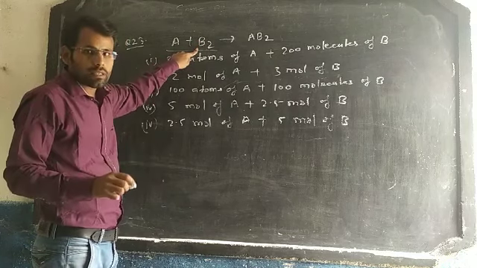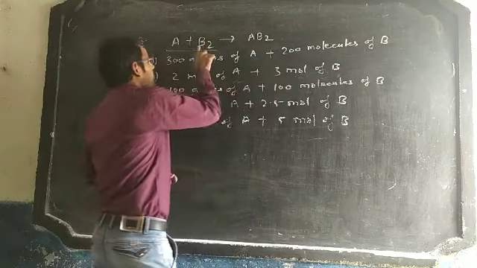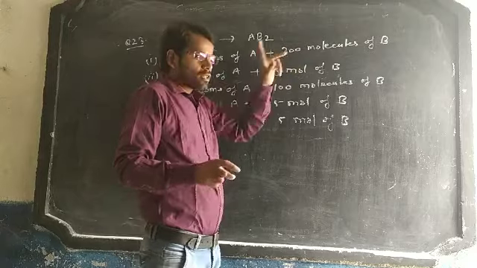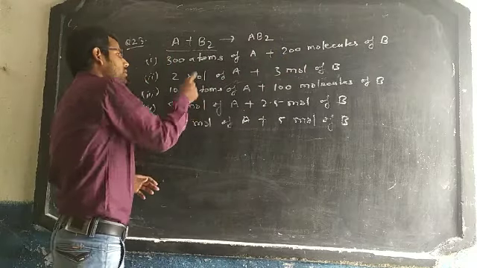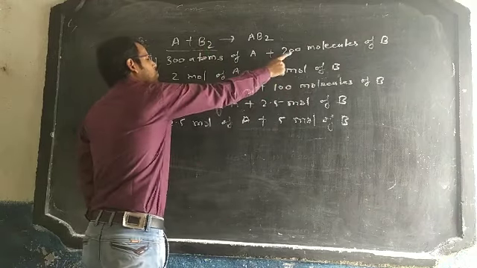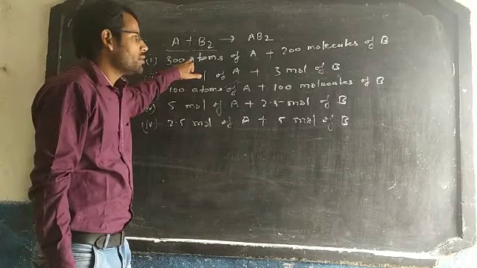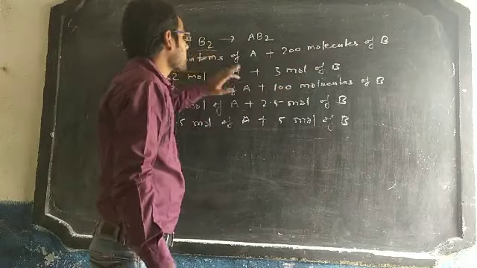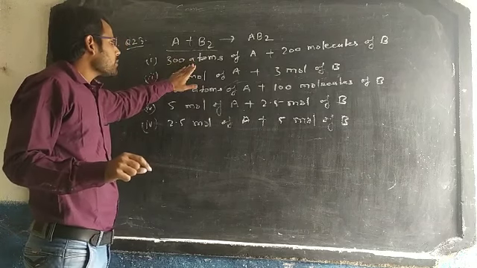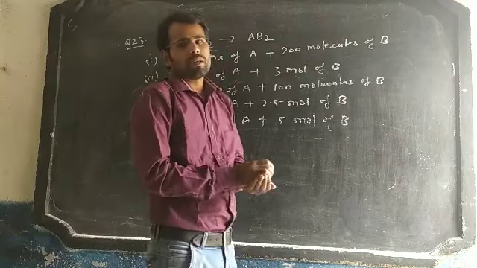For 300 atoms of A and 200 molecules of B, one atom of A reacts with one molecule of B. So 200 molecules of B consume 200 atoms of A, and 100 atoms of A are in excess. So the 200 molecules of B is limiting.